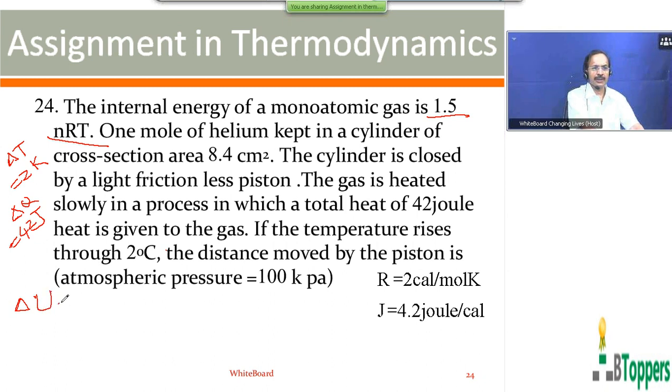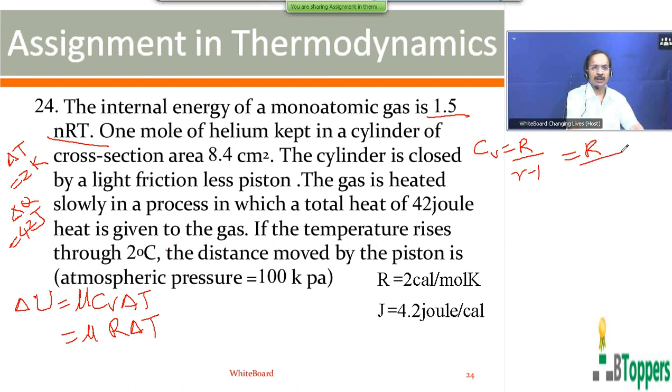Change in energy of a fixed mass of gas in any process is given by the formula mu CV delta T. Mu is the number of moles of gas, and CV, the molar specific heat at constant volume, can be written as R by gamma minus 1.